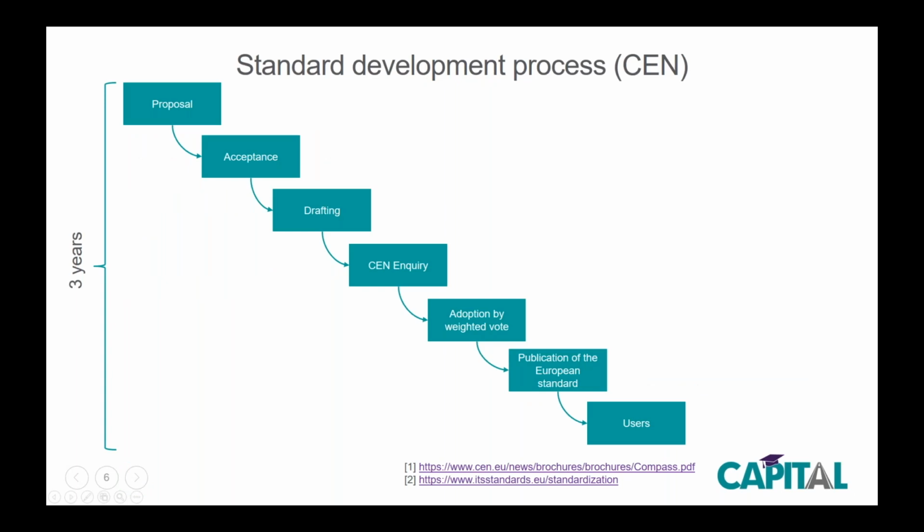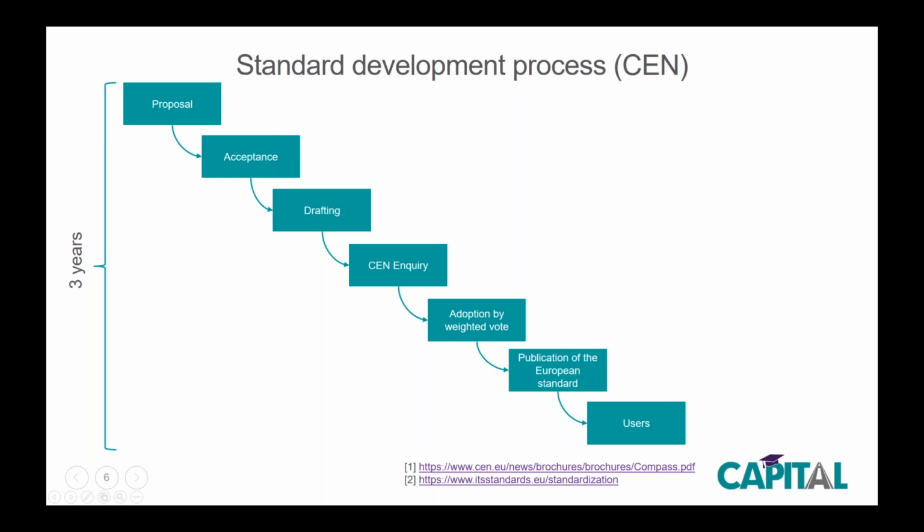Then we can look at the standard development process. This picture illustrates the standard development process used by CEN, European Committee for Standardization. The process of developing a new European standard includes several phases. It starts from a proposal that may come from anyone.